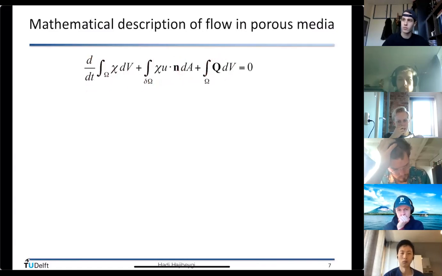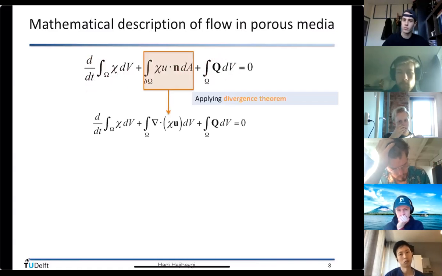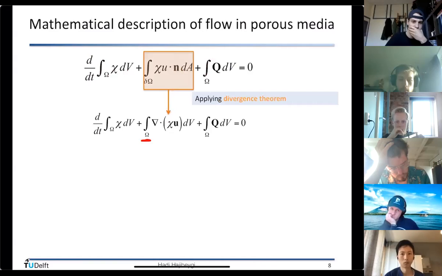So we work with the second term here and use the divergence theorem. When you apply the divergence theorem, you get the integral over volume of the divergence of the fluxes that I have integrated over the entire volume.